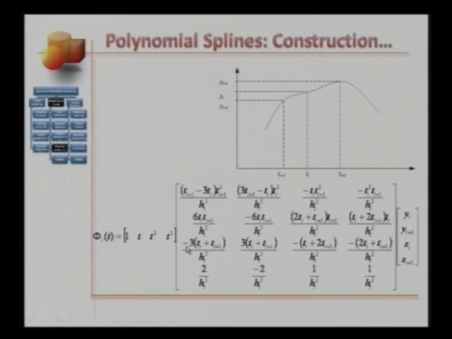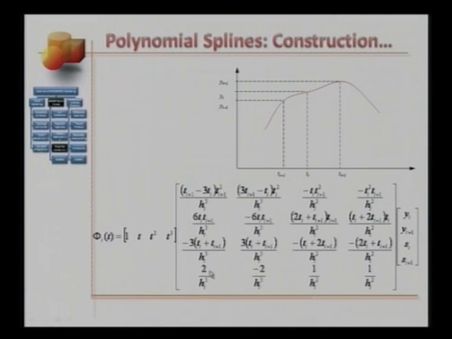In the third row, we have minus 3 t i plus t i plus 1 over h i cubed, 3 t i plus t i plus 1 over h i cubed, minus t i plus 2 t i plus 1 over h i squared, minus 2 t i plus t i plus 1 over h i squared.